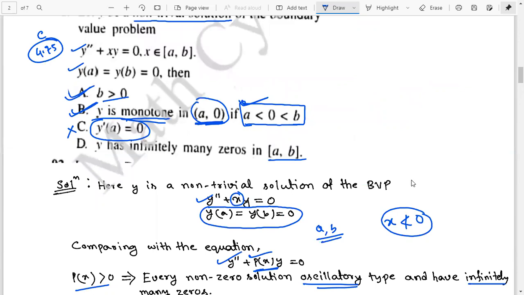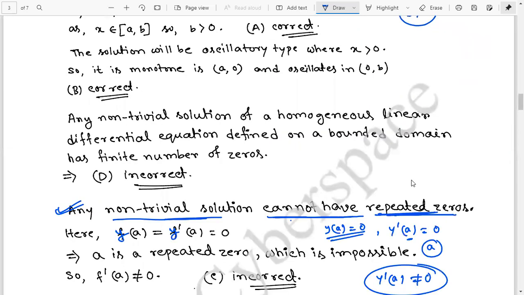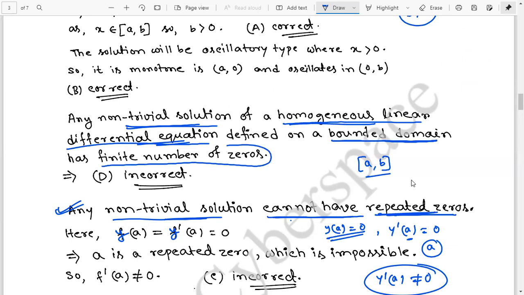Option D is saying that y has infinitely many zeros in closed interval [a, b]. No, this is not correct. Why? Because any non-trivial solution of a homogeneous linear differential equation defined on a bounded domain has a finite number of zeros.